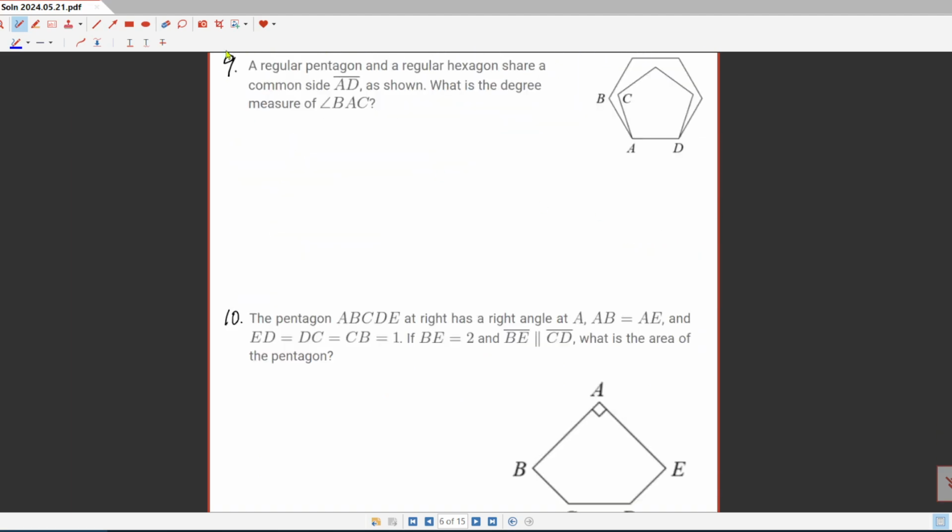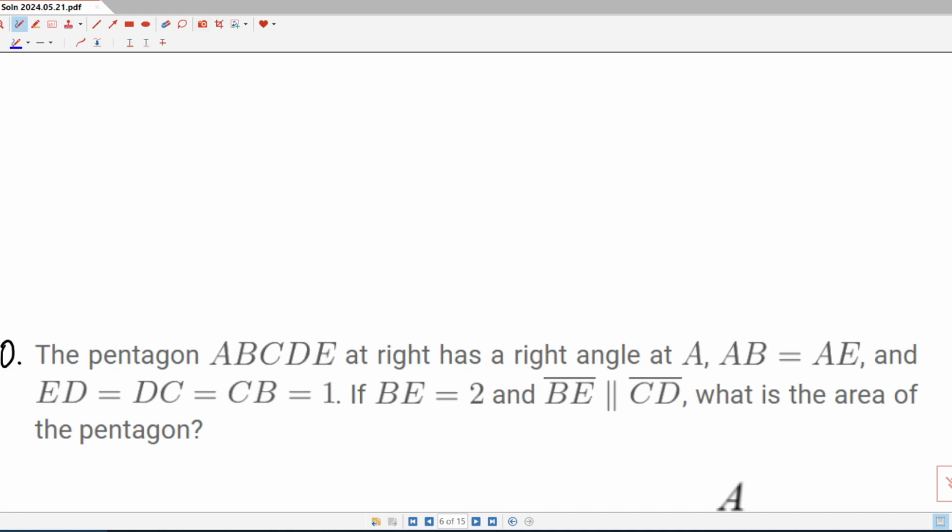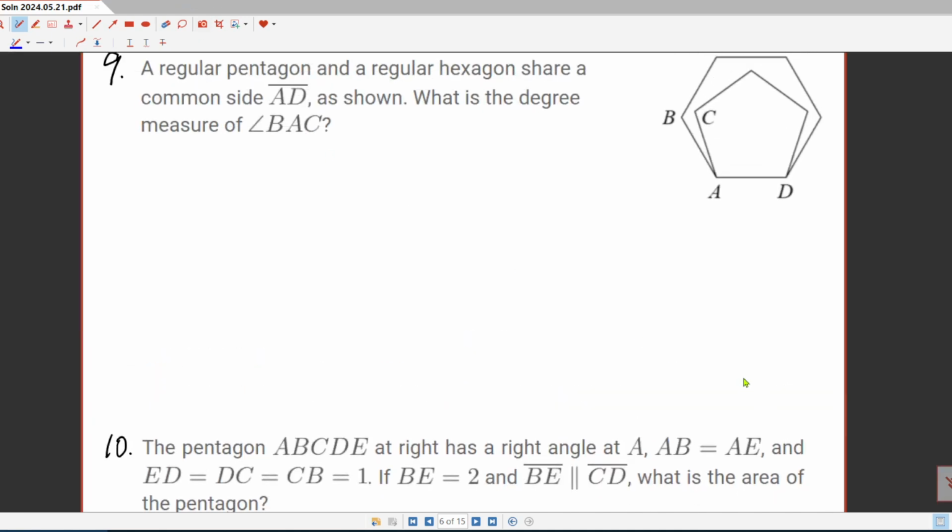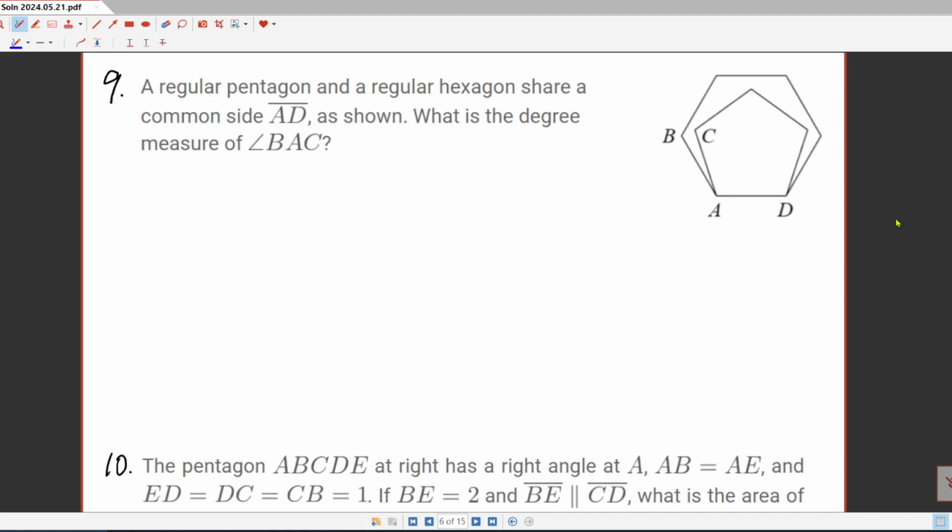Question number 9. A regular pentagon and a regular hexagon share a common side AD, as shown on the right. What is the degree measure of angle BAC? So we know that each interior angle of a regular hexagon is 120 degrees, right?